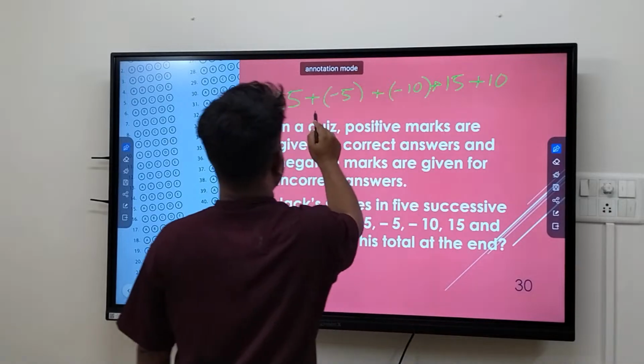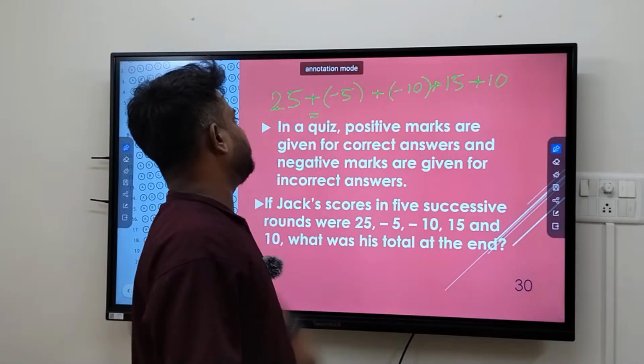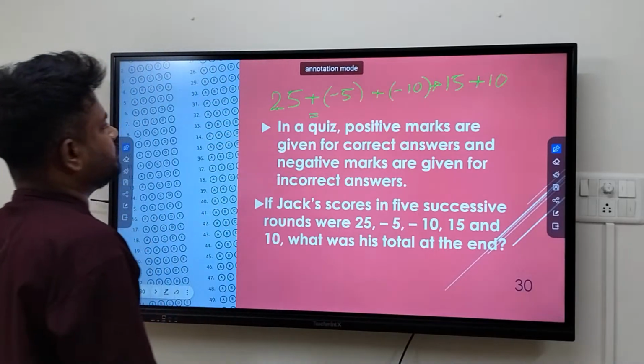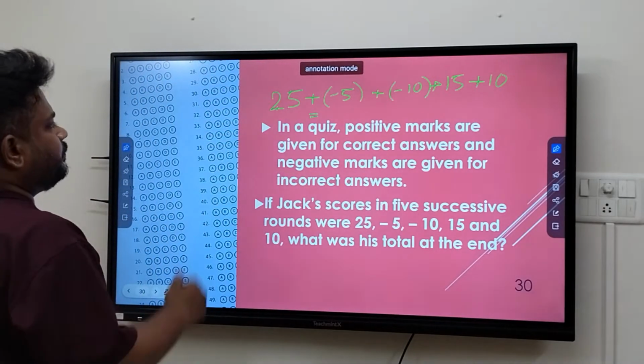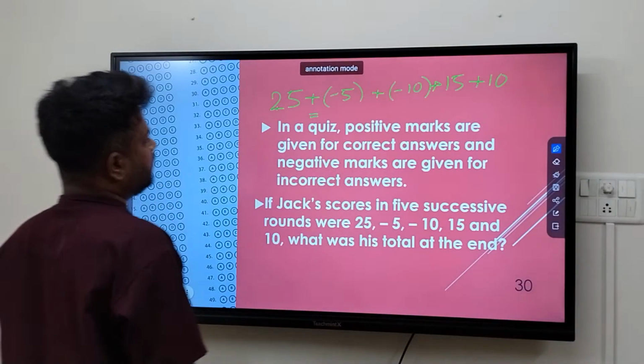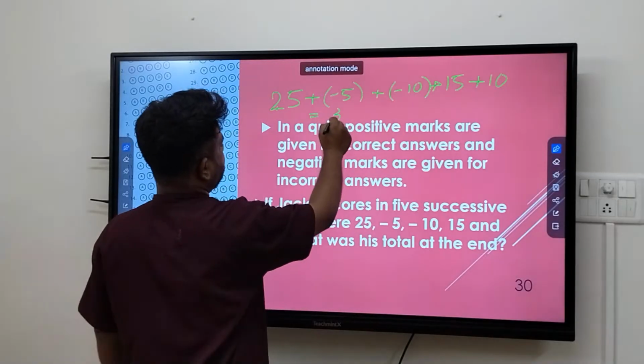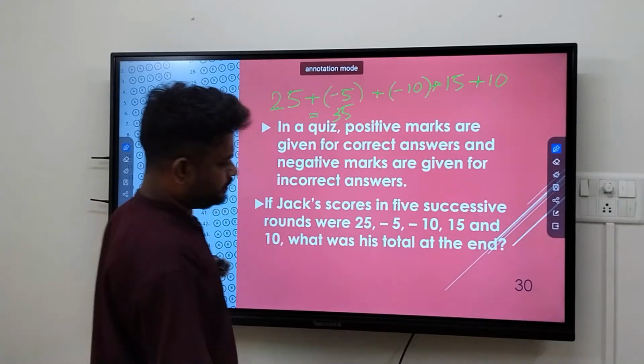So 25 and 15 will give us 40, 40 plus 10 will give us 50. From 50 we can minus 10 and it will give us 40, and from it we can subtract 5, the answer will be 35.